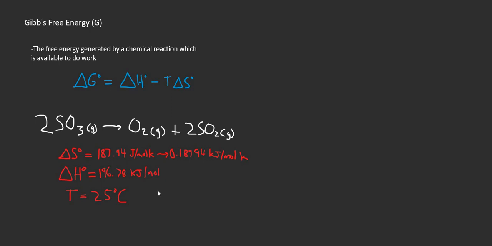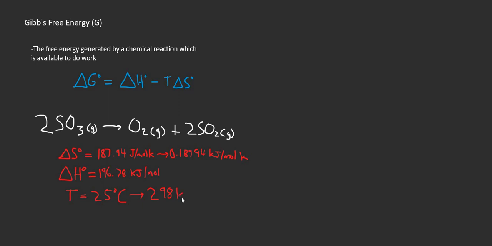Then our temperature needs to be in Kelvin so it can cancel this K up here. We don't want this K in our final units. So we need to convert our temperature into Kelvin in order to cancel that K out. We'll simply add 273 to this number, and it will be 298 K. This is something I would probably just keep in mind anyway.